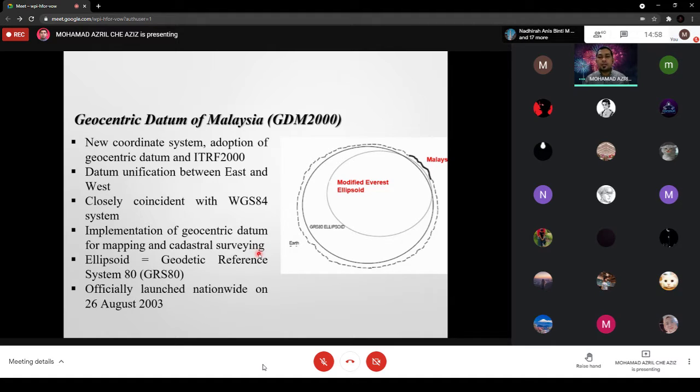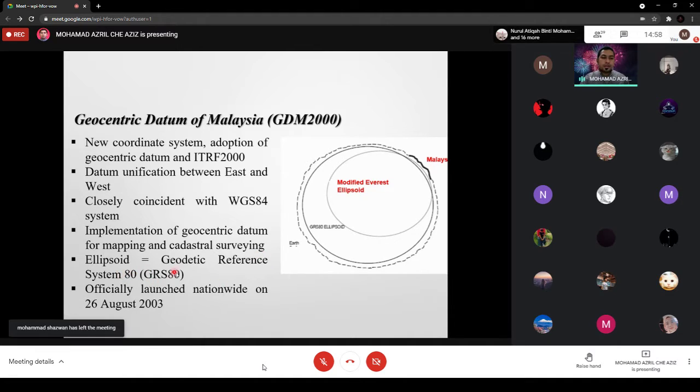So you will relate it with the projection. From the datum, it will change to the projection, for example RSO, or Cassini geocentric. So later you will understand. For a while you just need to know about the terms.